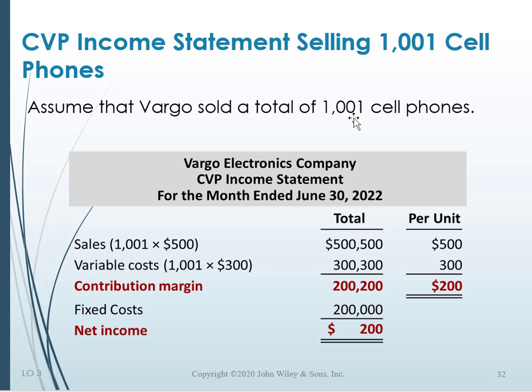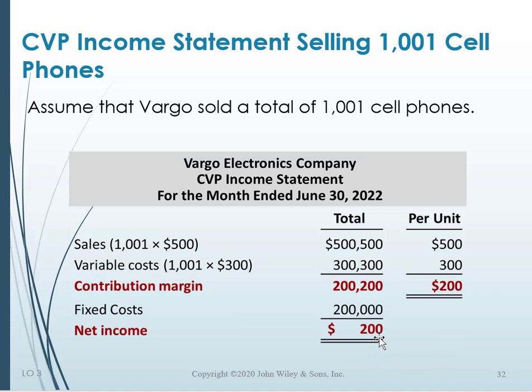Now, if we sold one more unit, if we sold 1,001 units, what would the profit be? Well, we can go through all the steps here, right? You can do the calculations, it's $200. But an easier way to do this is say, look, if I know the break-even point is 1,000 and I sell 1,001, what profit do I make? Well, everything over 1,000 units has a profit of $200 to the bottom line.